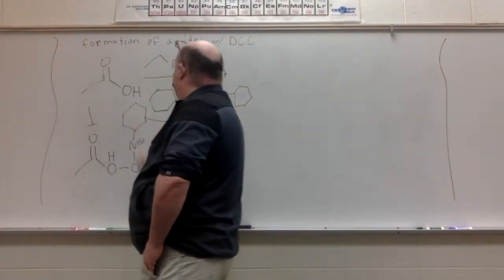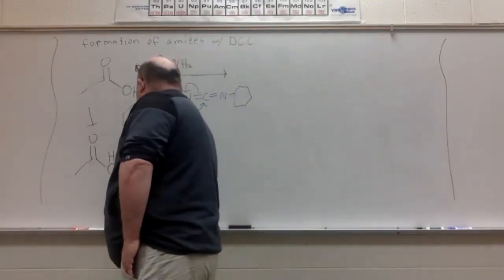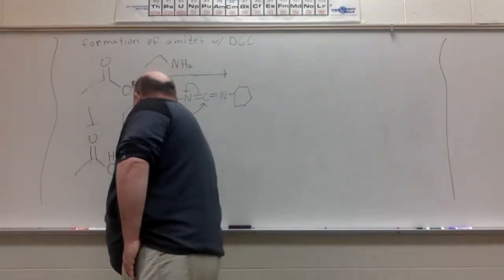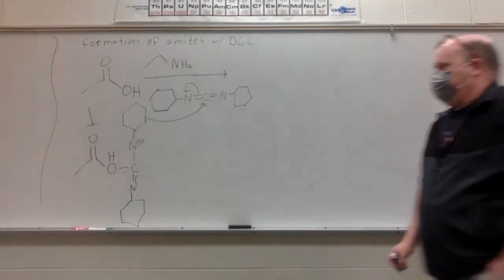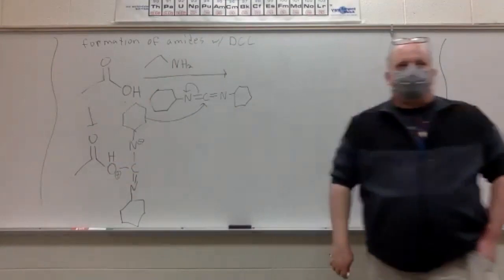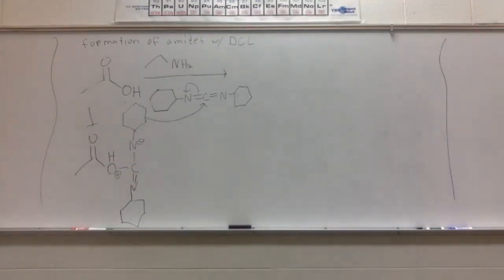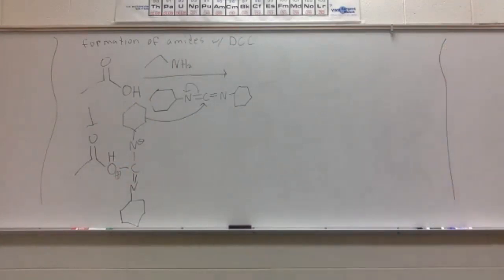Cutting off some of my line here so I can get all the structure in. Okay. So it gives you this. Okay, so remember the point of this is to make OH a better leaving group. What's the next step? Any ideas?